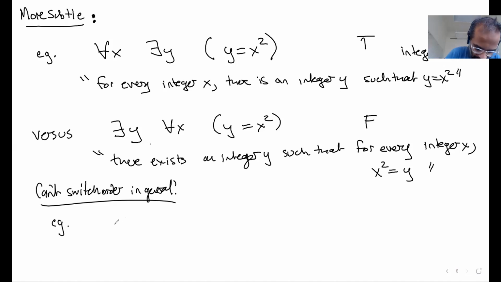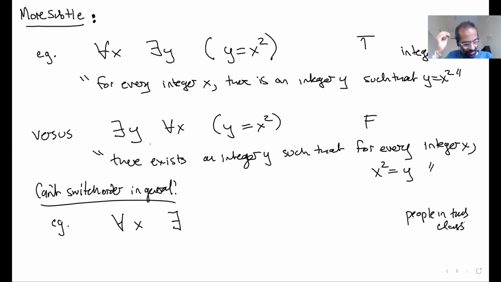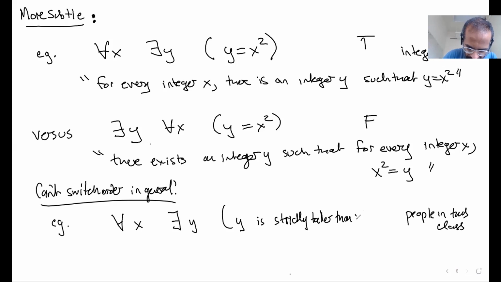For every x, so now the domain is people in this class. So the statement is: for every person in this class, there exists another person in this class, so that person is strictly taller than x.